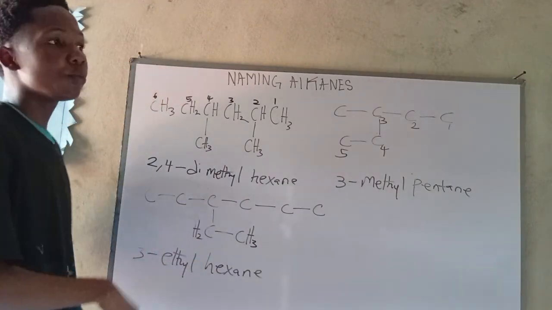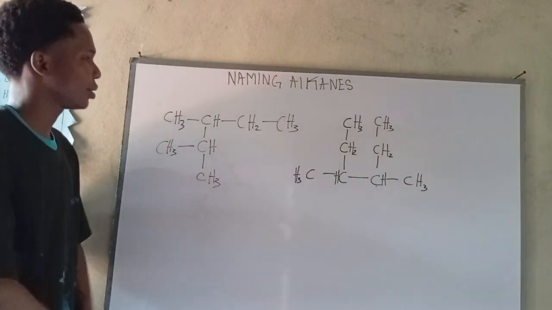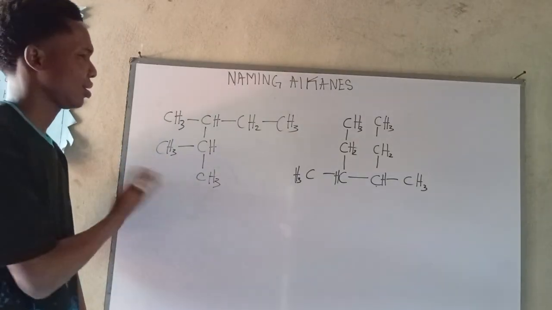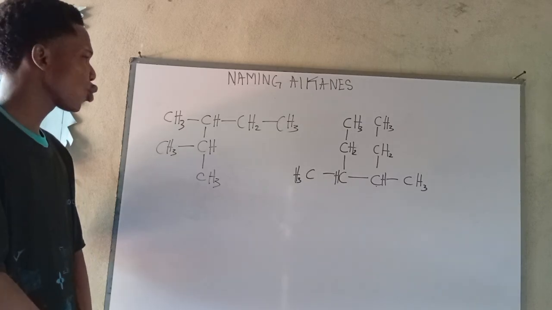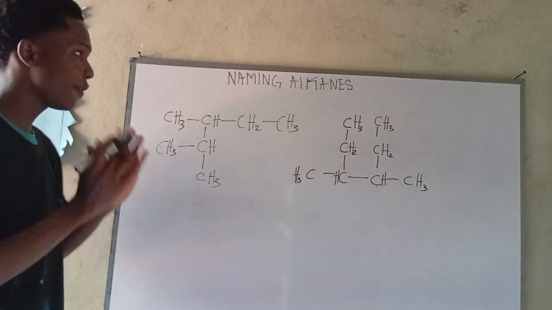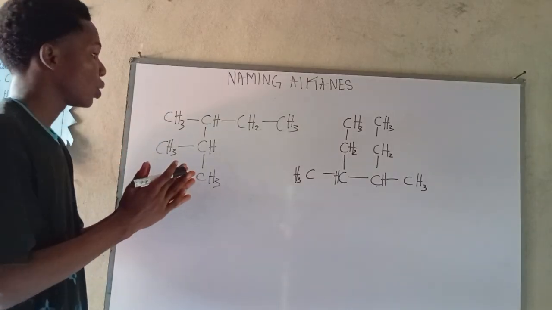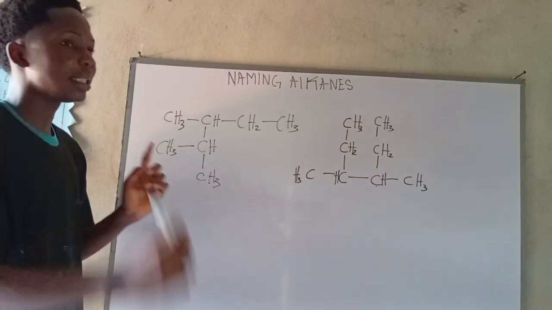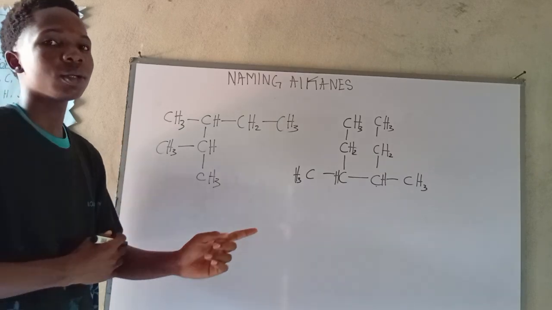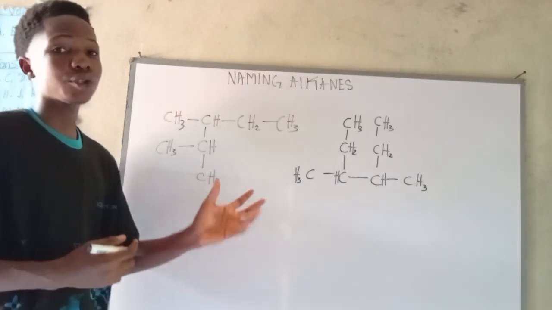Okay, so now let's move on to more complex structures. All right, guys. Finally, looking at this one, it's quite confusing somehow, but we have to find our way using our 3 rules. First of all, we identify our longest carbon chain. We still have to take note of the third rule, identify the alkyl group, which will be our substituent.